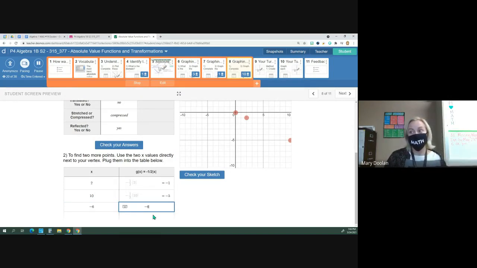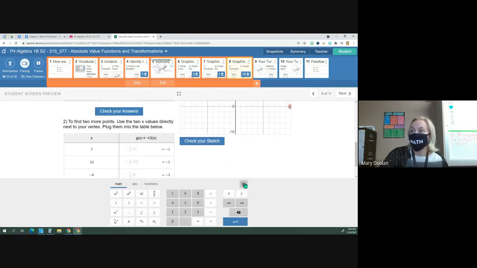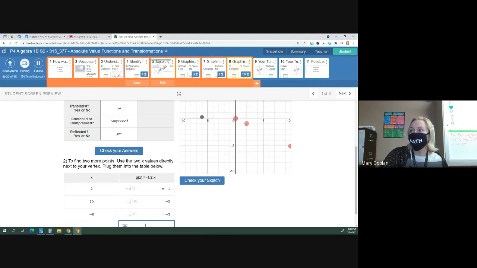I'm just picking numbers that'll fit on the graph. There's no rhyme or reason to why I'm picking the ones I am. Negative 3, so that's another point I can plot: negative 6, negative 3.